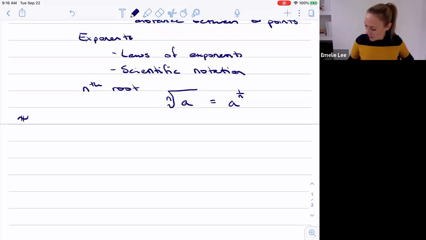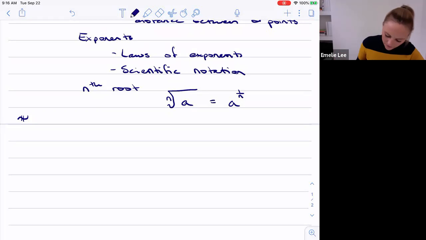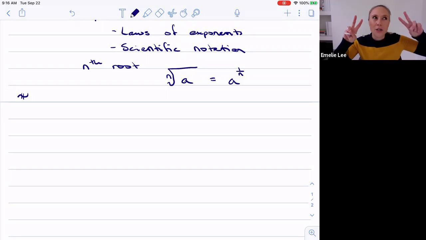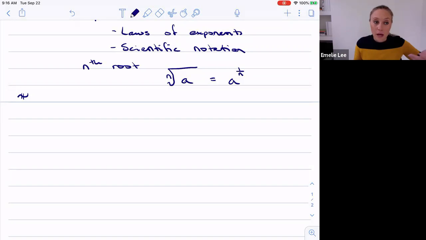So, where were we? The nth root, we use it to undo the nth power.